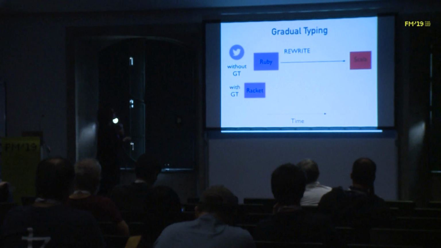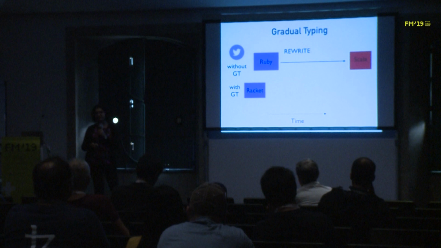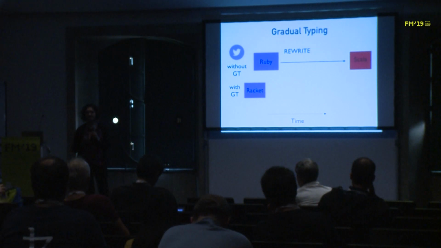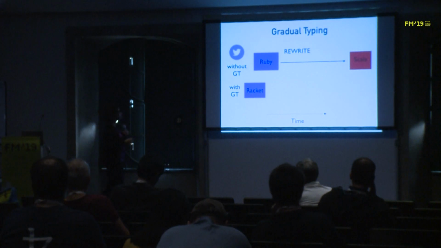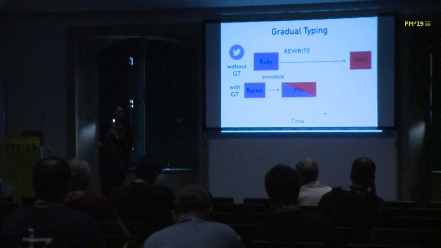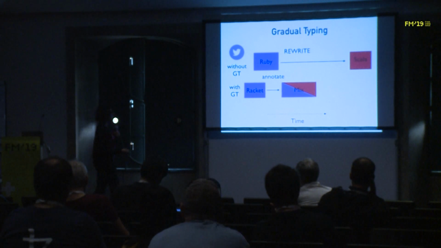So imagine that instead you were programming with something like Racket, which actually supports gradual typing, this slow migration, mixing of dynamic and statically typed code. Then you could slowly over time sprinkle in a few type annotations on some of your modules. And now you have a mix of Racket modules, which are dynamically typed, and typed Racket modules, which are statically typed.